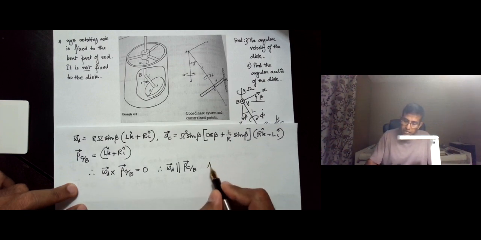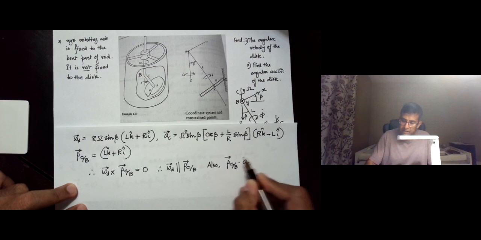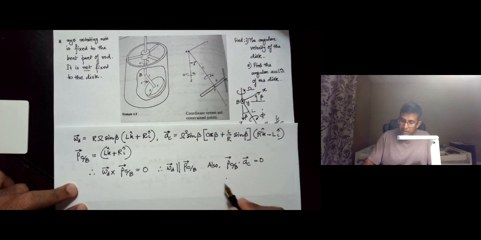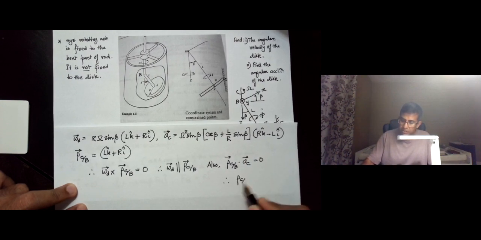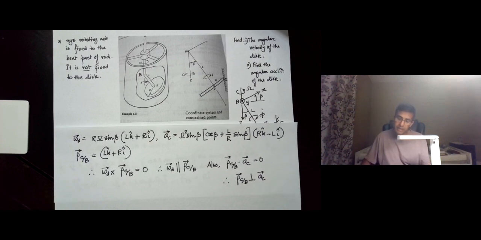So also rho C with respect to B dot aC is equal to 0. Therefore rho C with respect to B is perpendicular to aC. So here we have a very interesting observation that the angular velocity of the disk is parallel to CB, and the acceleration of the point C is perpendicular to CB.